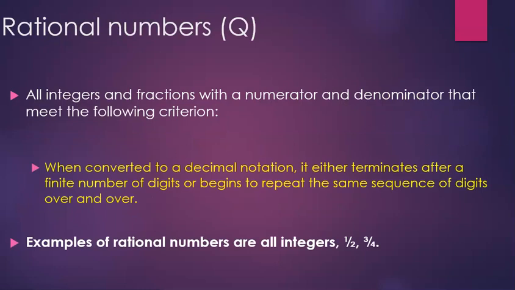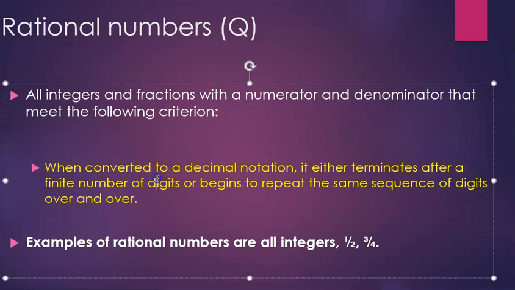Rational numbers. This is where things get a little complicated. Now, rational numbers are denoted by the letter Q, and rational numbers are represented by all the integers. So it not only includes all the negative numbers, 0 and all the positive numbers, but it also includes fractions, which can be represented by a numerator and a denominator, and on top of that they have to meet this criterion here.